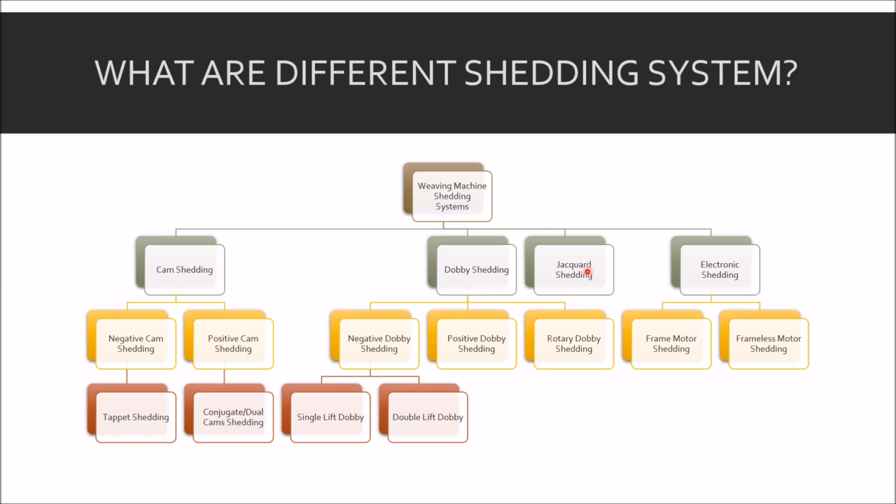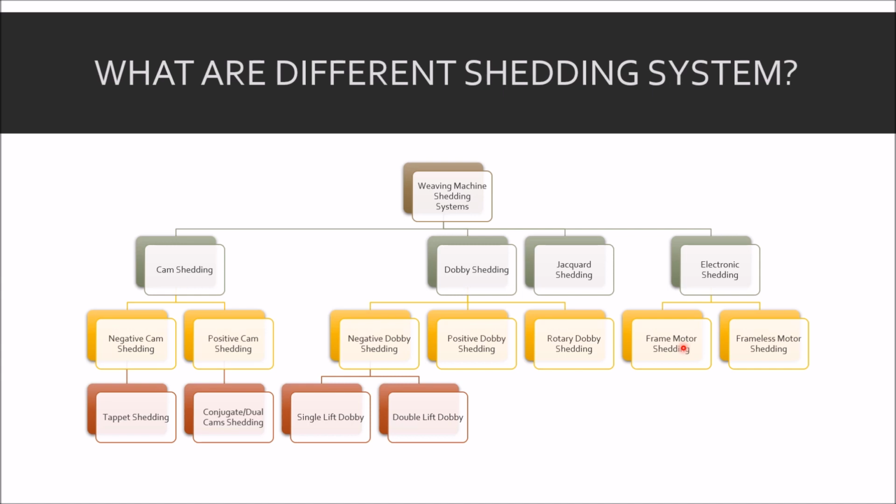Jacquard shading, we already know, causes the split of the shed because of each individual yarn's raising or lowering. It is a more sophisticated but more complex system. And today's shading system controls the frames or the Jacquard motion, both of these, with individual control of the elements by using motors.